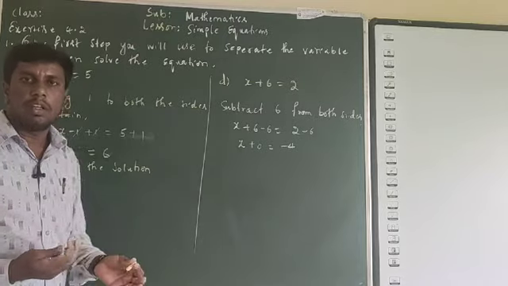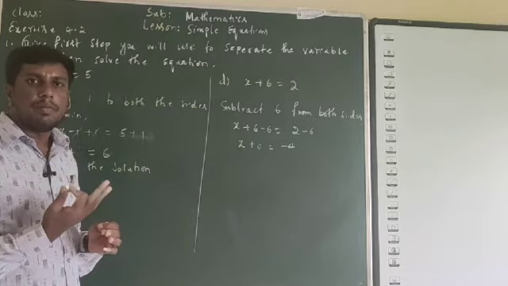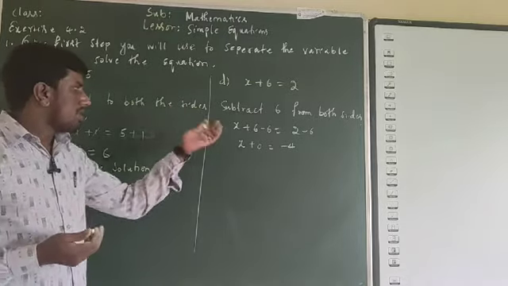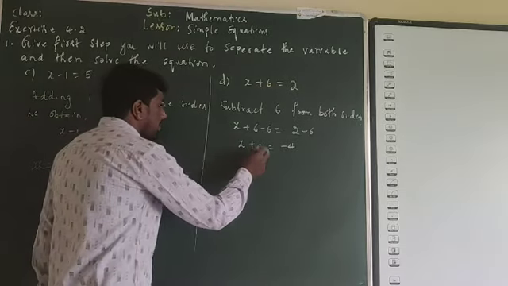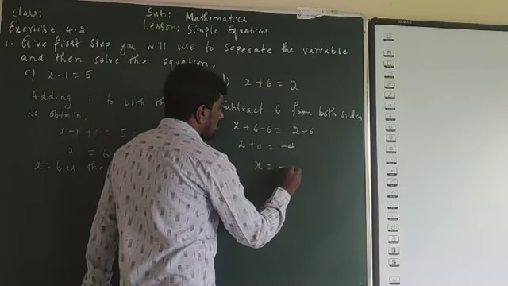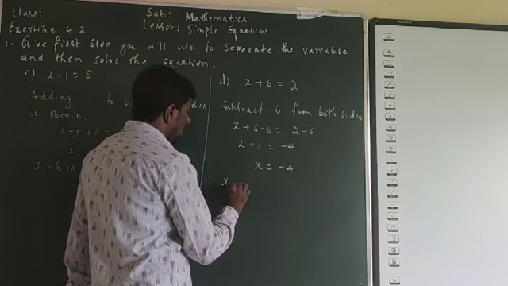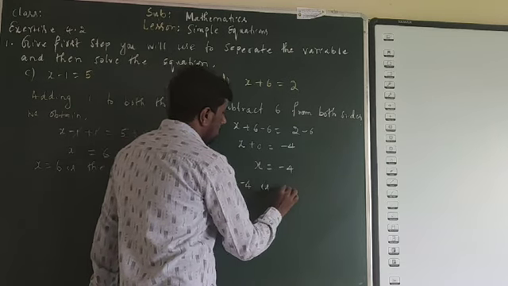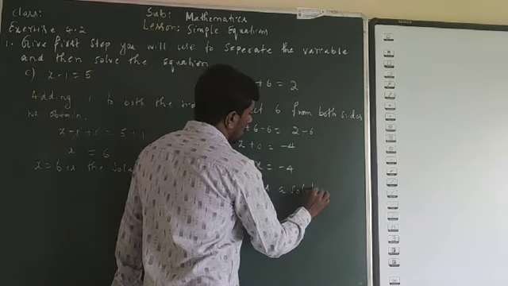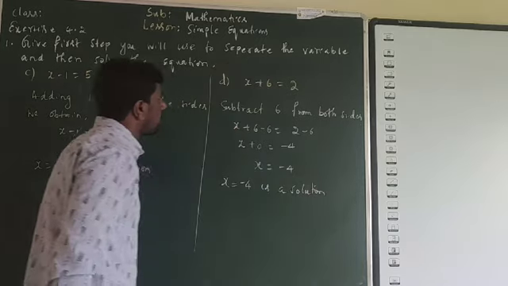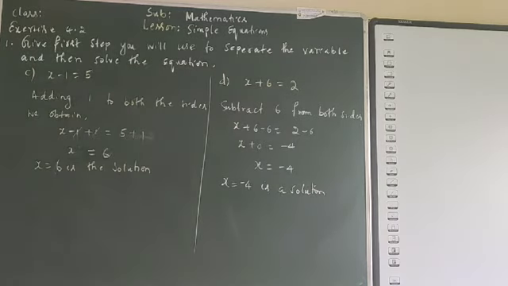If you are subtracting, look at the variable side. You should place the higher value's sign. So x plus 0 is equal to x in the LHS, minus 4. So x is equal to minus 4 is the solution. Clear? Okay?